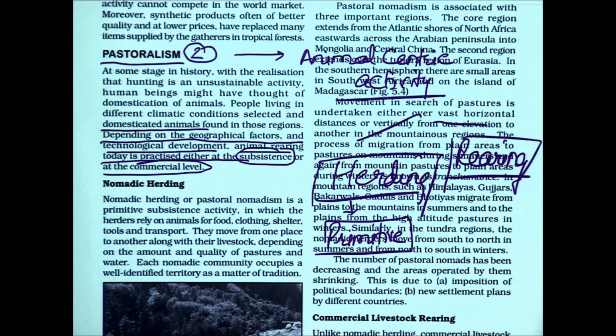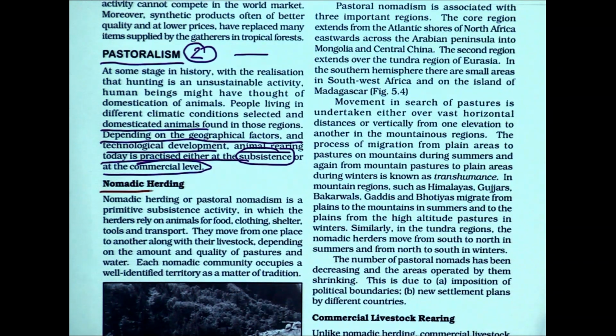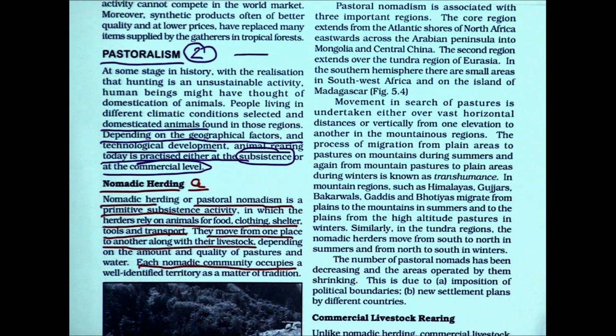So let us take the details from NCERT. Nomadic herding, that is part A. Nomadic herding or pastoral nomadism is a primitive subsistence activity in which herders rely on animals for food, clothing, shelter, tool and transport. They tend to move from one place to other along with their livestock. Each nomadic community occupies a well-identified territory as a matter of tradition.